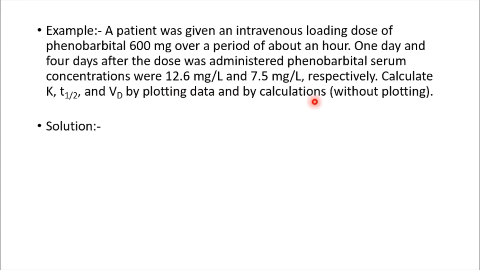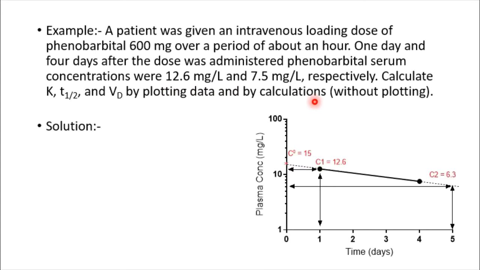Okay, so by plotting the data, we should consider that the time here is in days, and we have the concentration of the drug 1 day after the dose was administered. Here, the 1 day was 12.6 mg per liter. And also we have 4 days following the administration, so this point is 7.5 milligram per liter.